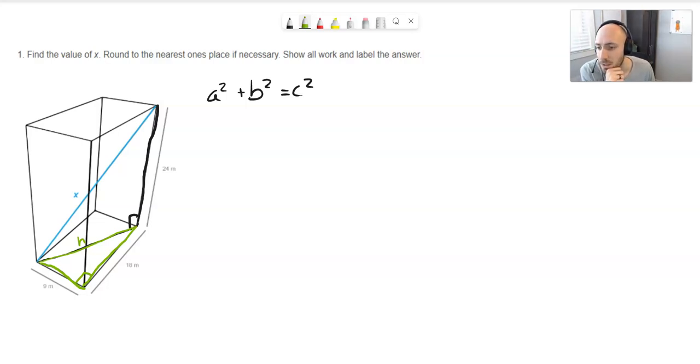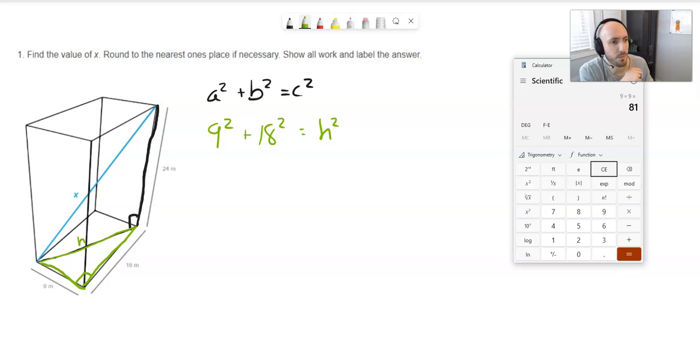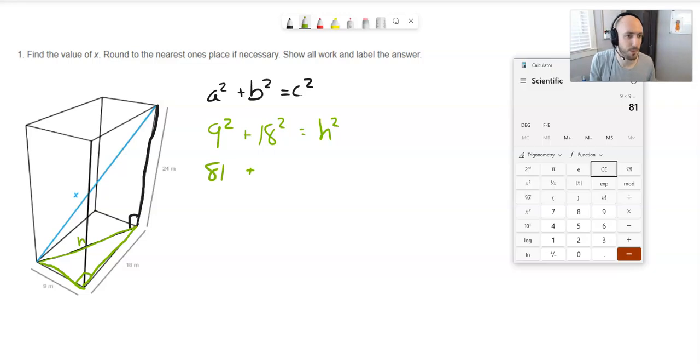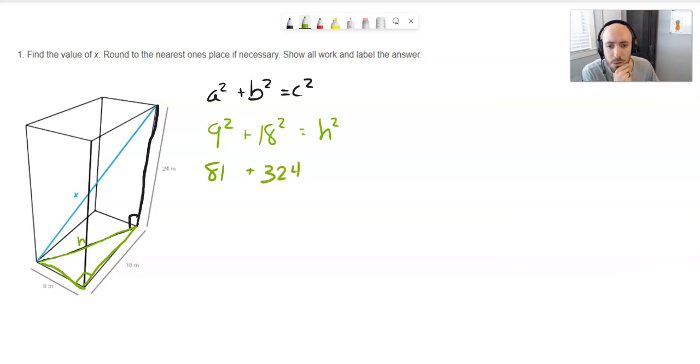So let's do that. So I'm told that the width here is 9 and the length here is 18. So I would do 9 squared plus 18 squared, and that's going to equal h squared. 9 squared gives me 81 plus 18 squared is 324, and that's going to equal h squared.